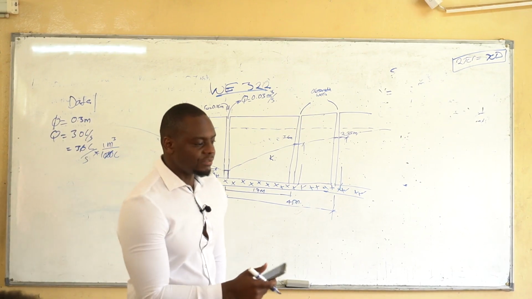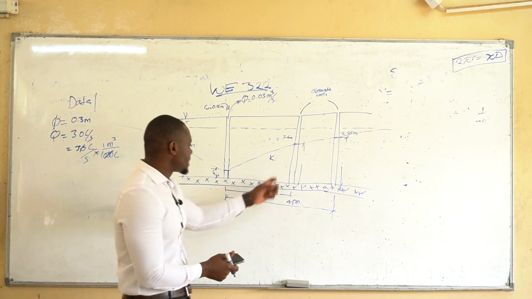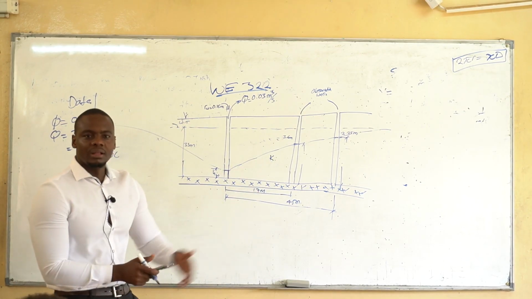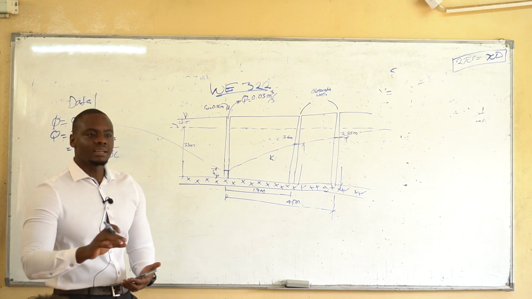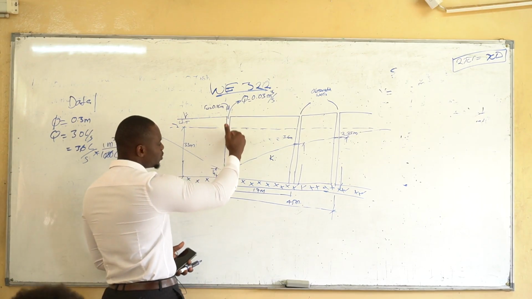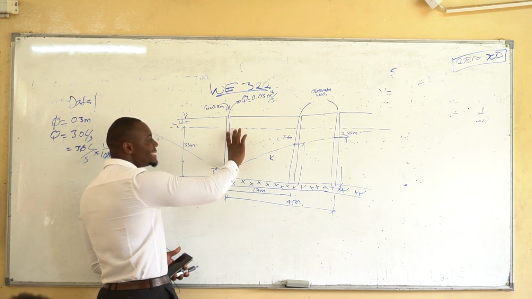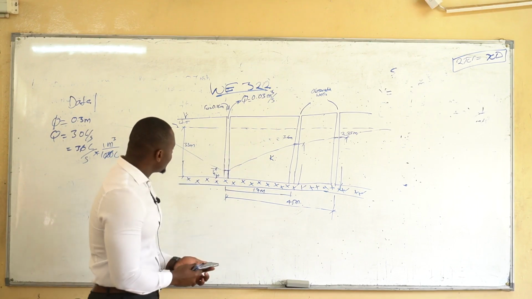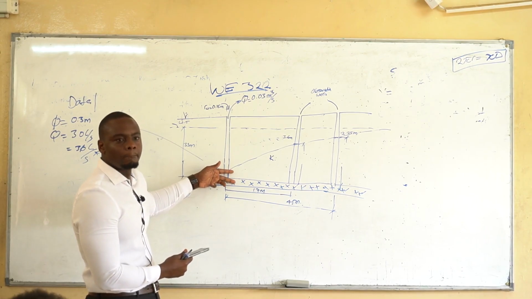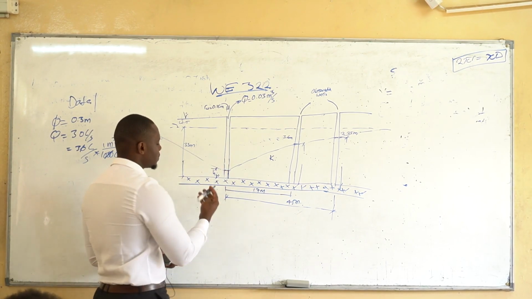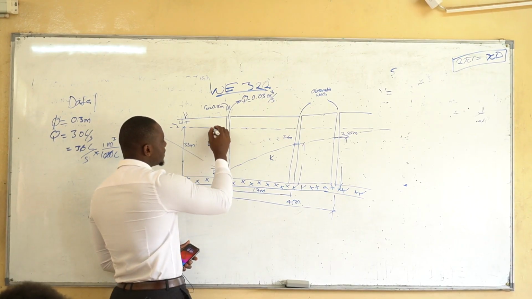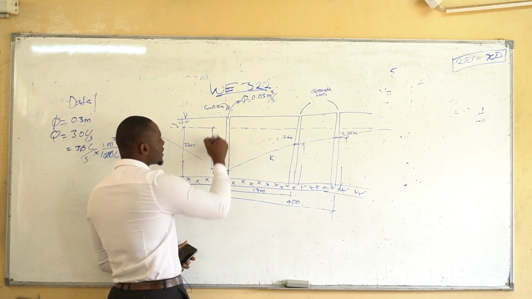The question wanted us to find, one, the hydraulic conductivity, which is K. Then two, it wants us to find the drawdown. The drawdown, I'm going to say this for the last time, is just the movement of water from its original position to wherever it is now. This is your drawdown. But you can't find the drawdown if you don't have the height of the well. So we can just label this DD, drawdown, and we'll come back to this later on.